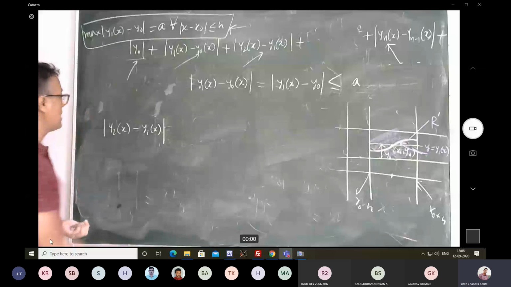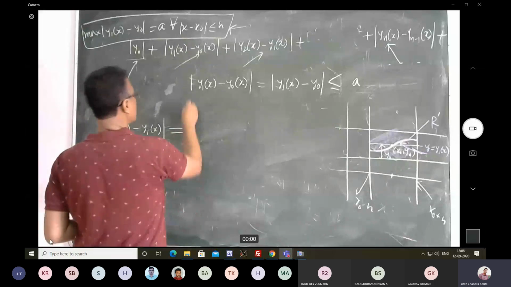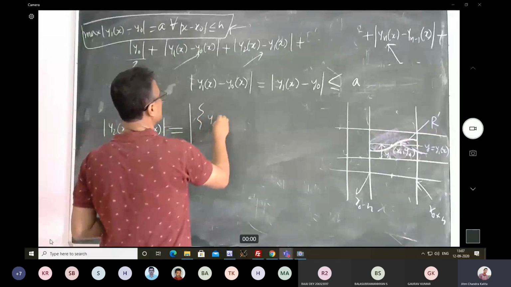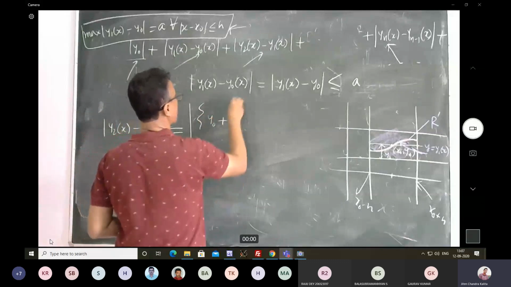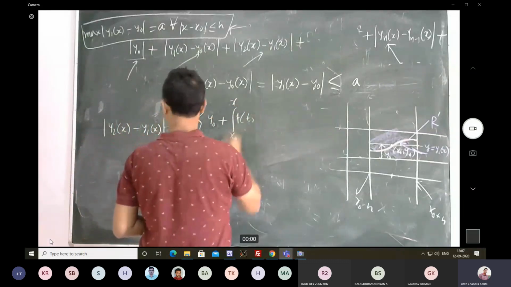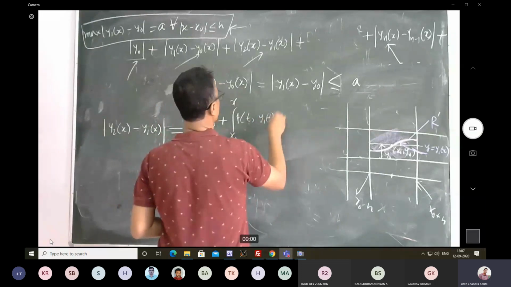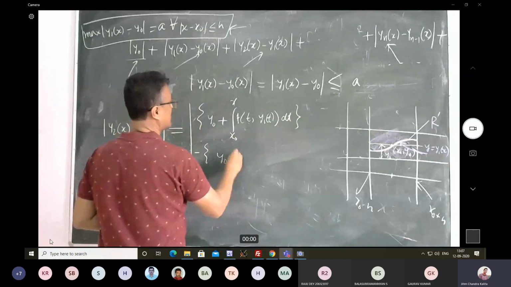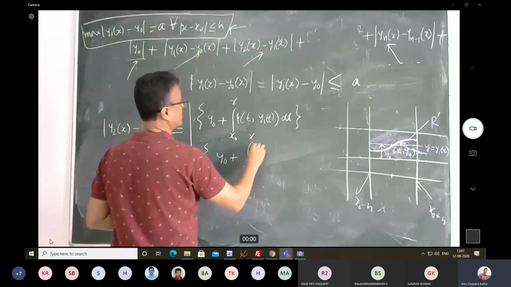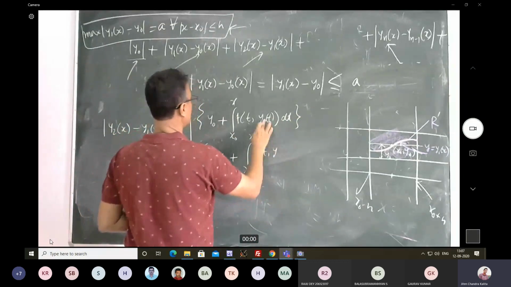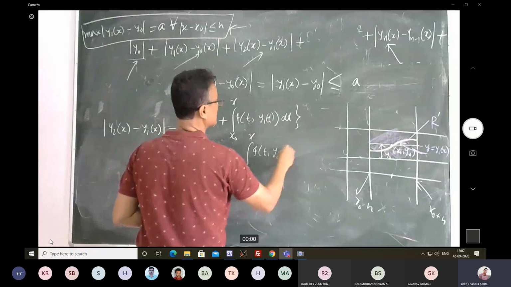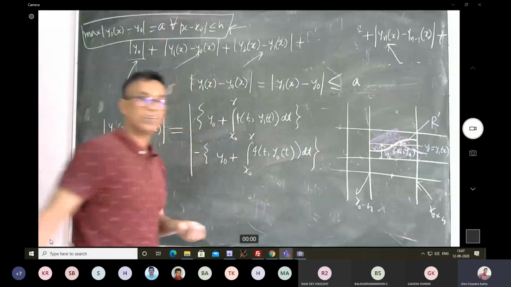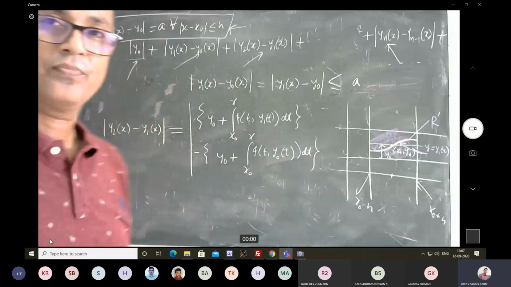Okay. So now if I use, I'm just going to do it only once. If I use, so this is going to be y1, this is y0, from the definition of these sequences.